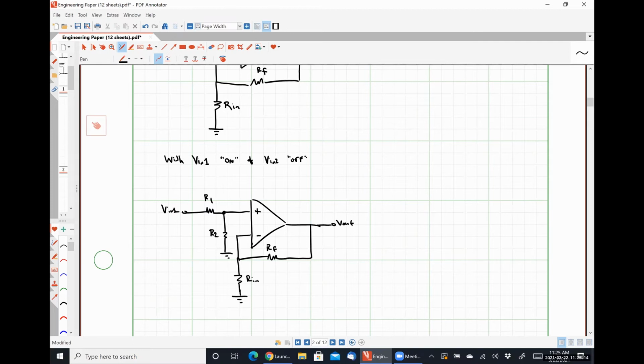So we apply my constraints. So here's where things get arguably a little difficult. What value is my non-inverting input terminal voltage going to have?